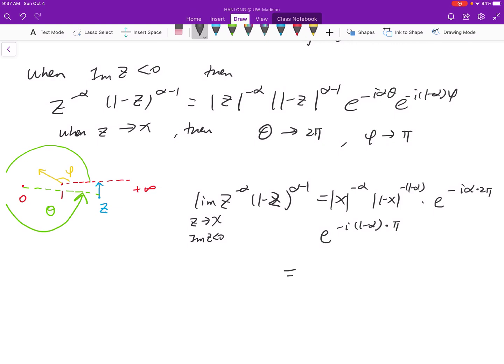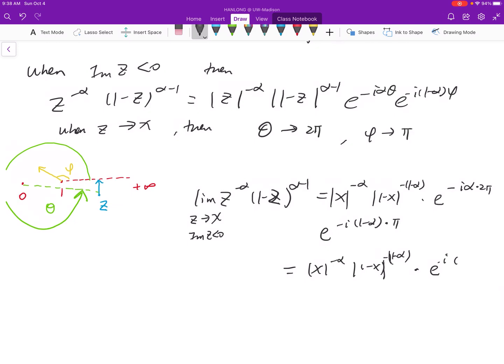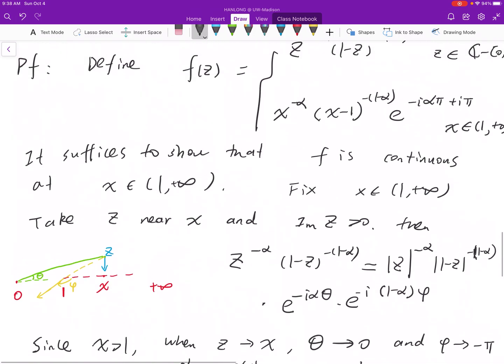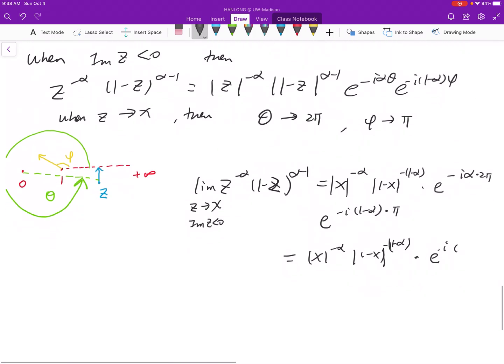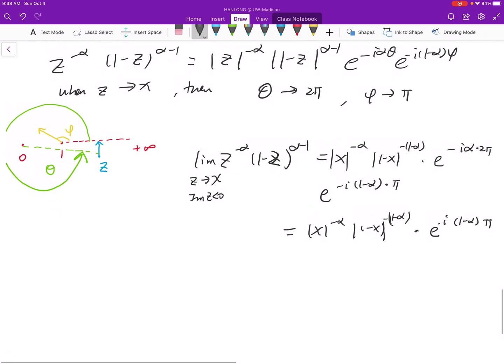So which is x to the negative alpha times 1 minus x to the negative 1 minus alpha, times exponential i, so negative, let's see what's 1 minus alpha pi. Here a little bit tricky. Actually, what do you have?